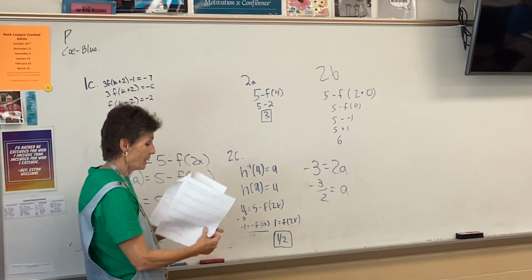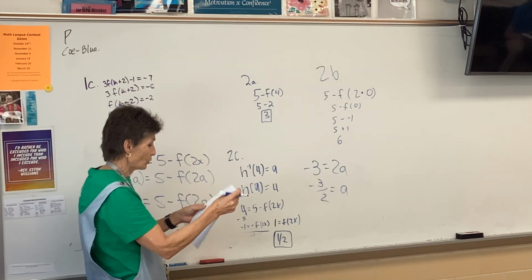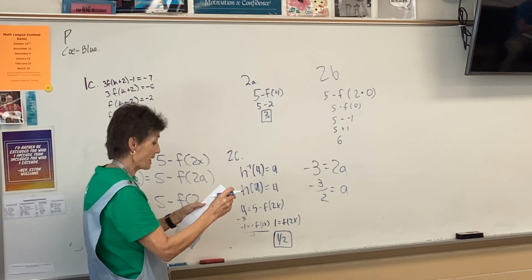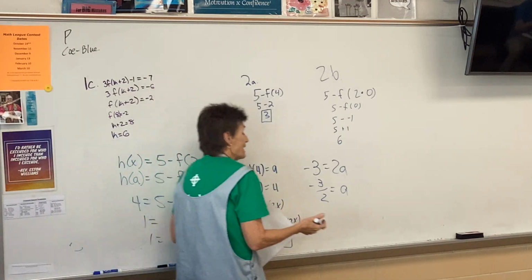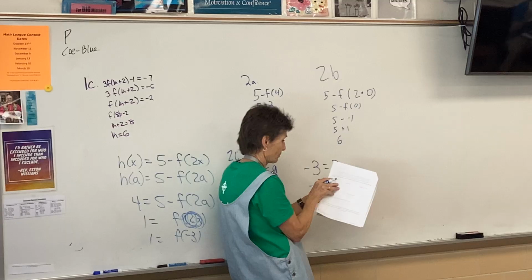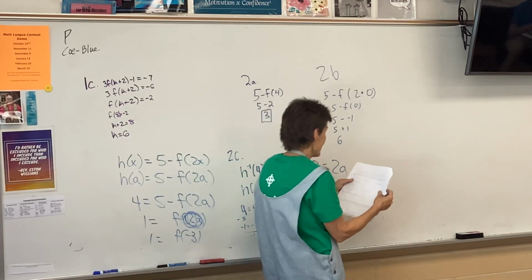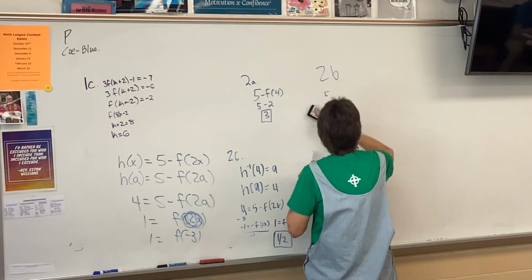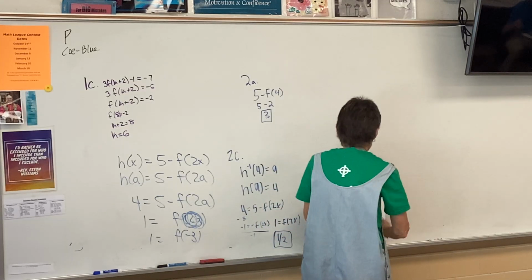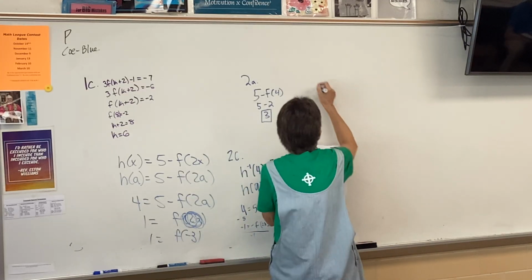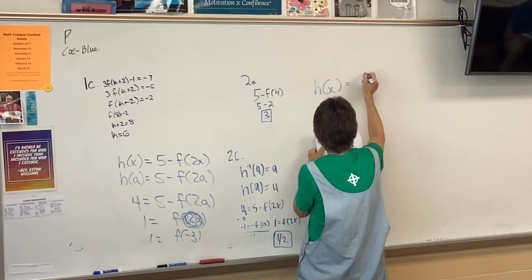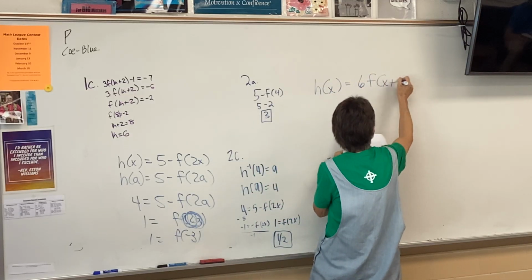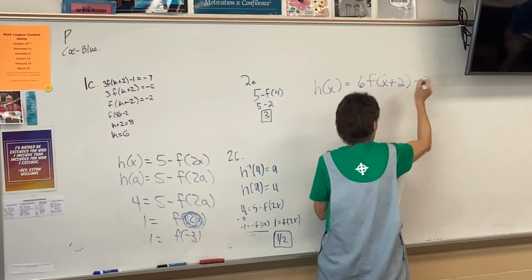Along those same lines, let's look at problem 9a. We're gonna do 9a. So I'm gonna turn over that first page. 9a. I have another chart full of values, and it says h of x is 6 f of x plus 2 minus 3.